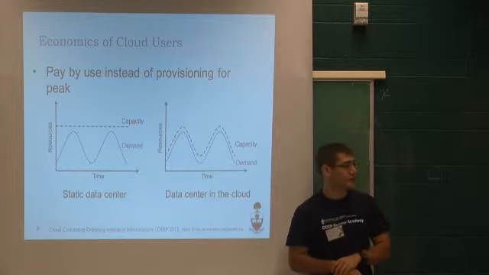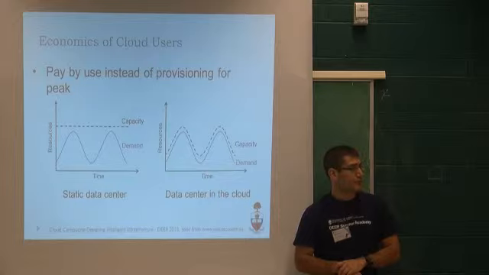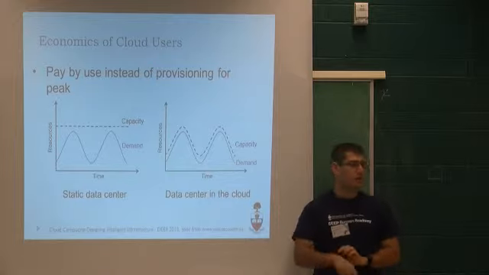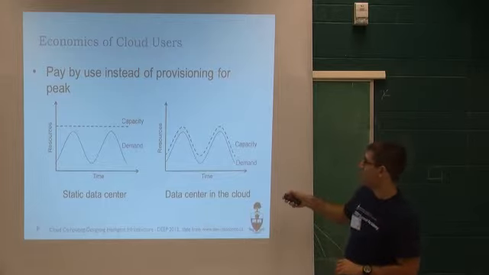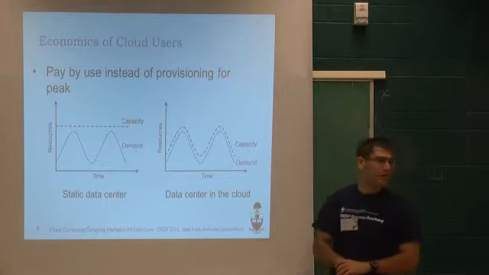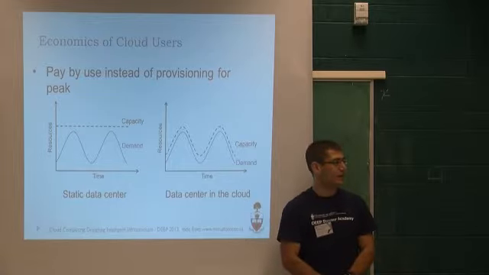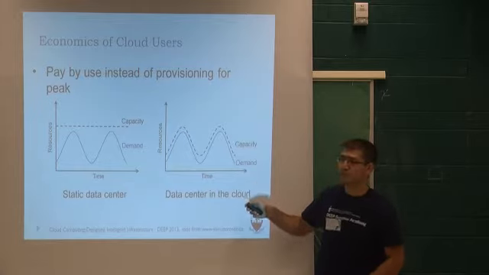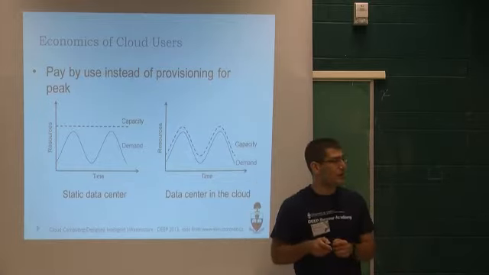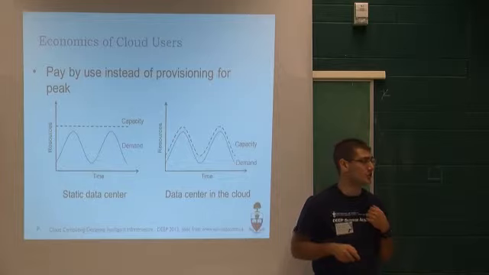Yeah? How do you know your demand peak won't rise? If it rises, then you change your capacity. So if the demand goes up, then you increase your capacity. You do it while it's happening. That's why you need this additional room, so that you give yourself time to get the new resources.